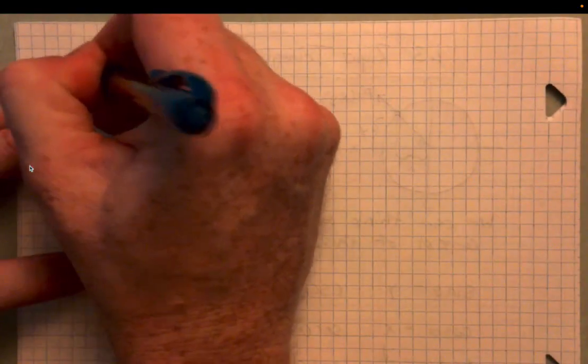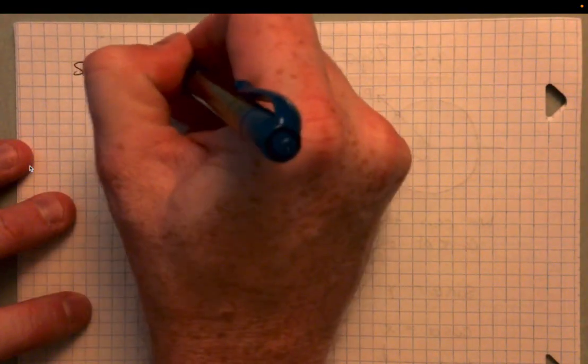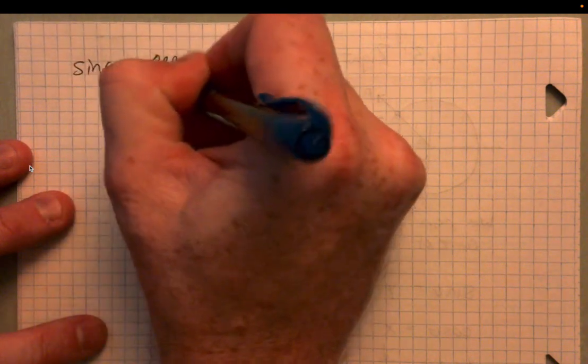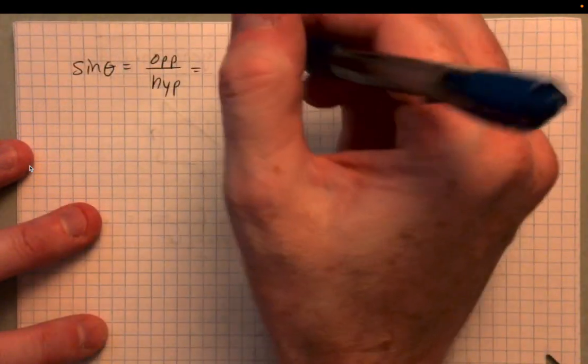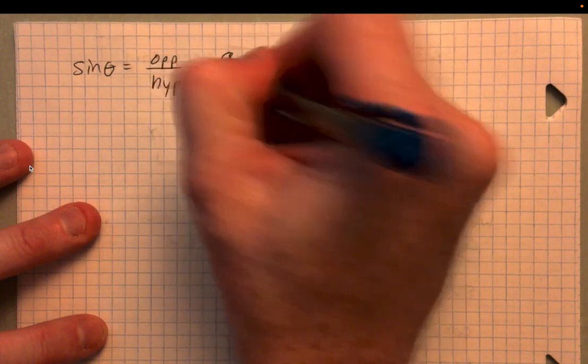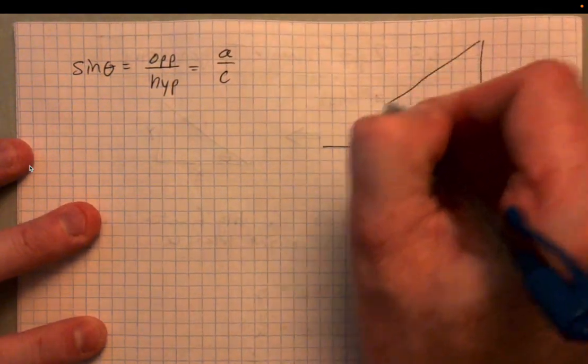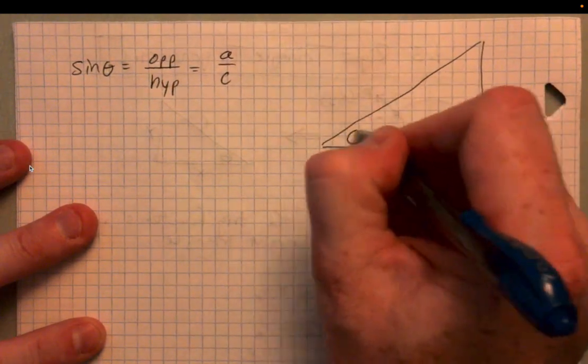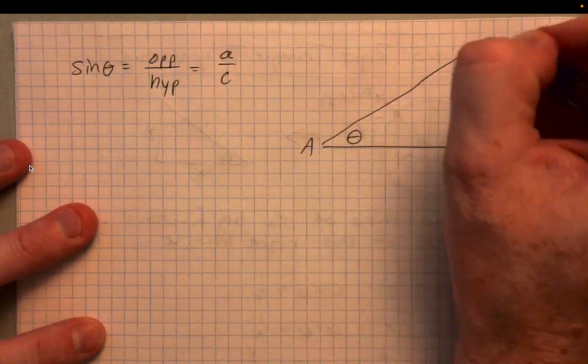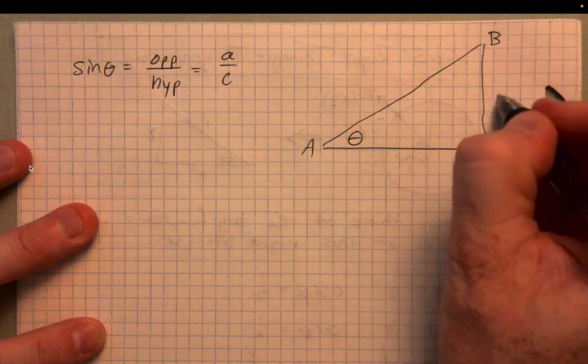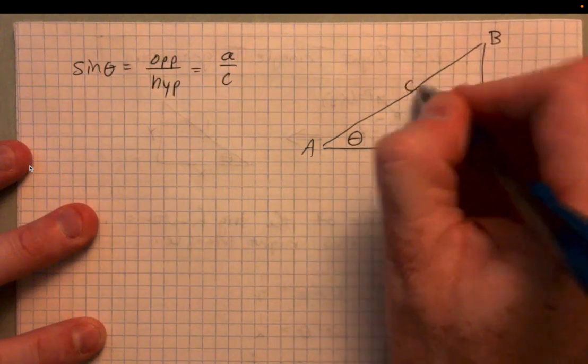Okay. So let's take a look at all of these together now. Okay, so we said the sine of theta is equal to opposite over hypotenuse, which we will label as a over c. Let me put the triangle on here as well. Okay, so you got your theta, and then a, b, c, little a, little b, little c.